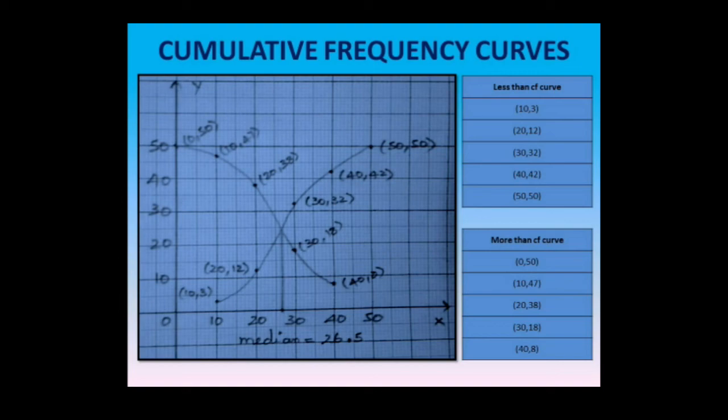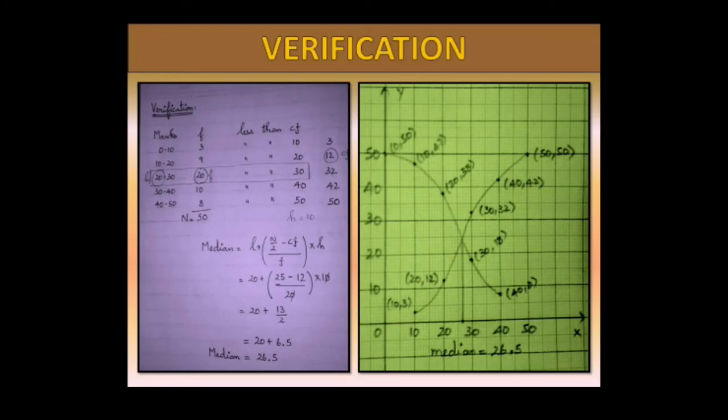Now we are going to verify our answers using the formula. Using the less than cumulative frequency table, you can see that 20 to 30 is going to be the median class. So the L value is 20, the F value is 20, the cumulative frequency of the preceding class is 12, your H value is 10 and the N value is 50.